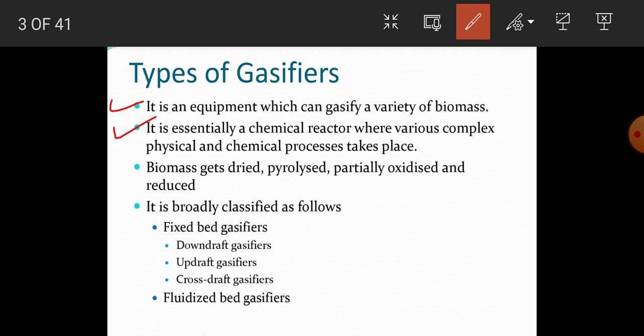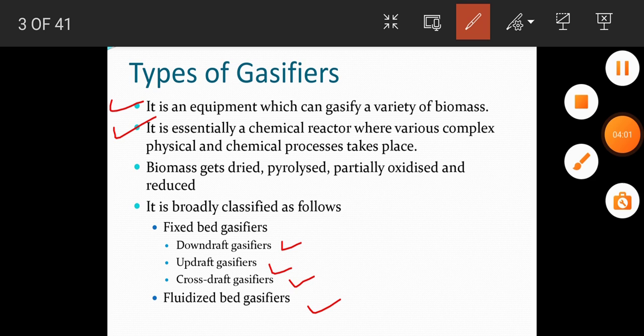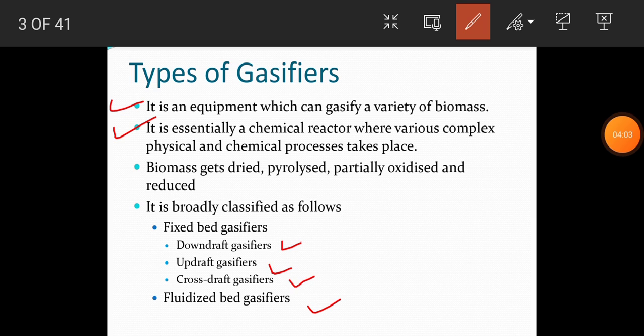Today we are going to discuss various types of gasifiers, that is downward draft, updraft, cross draft, and fluidized bed gasifier.